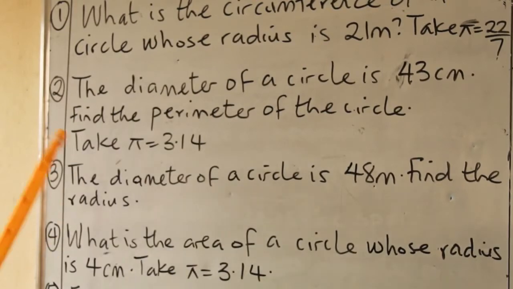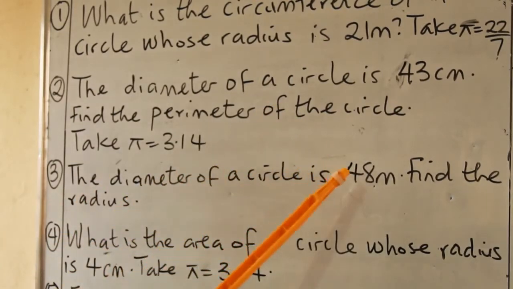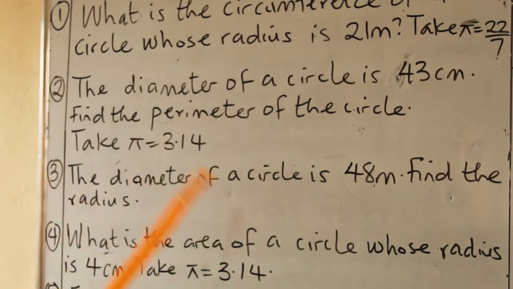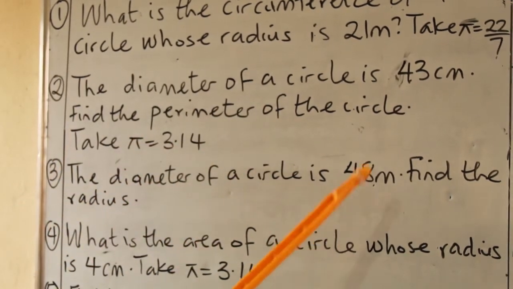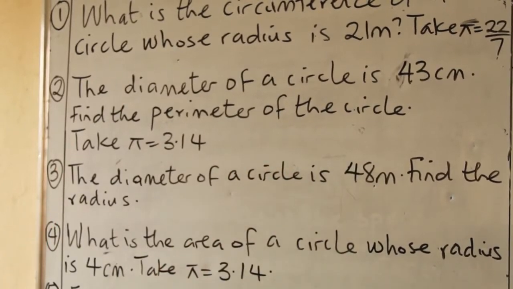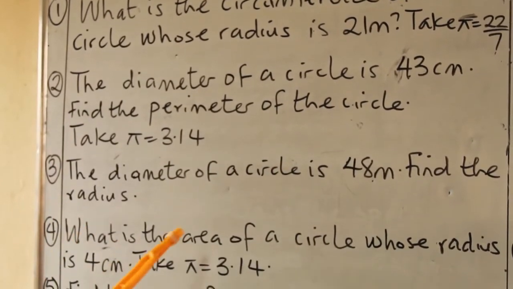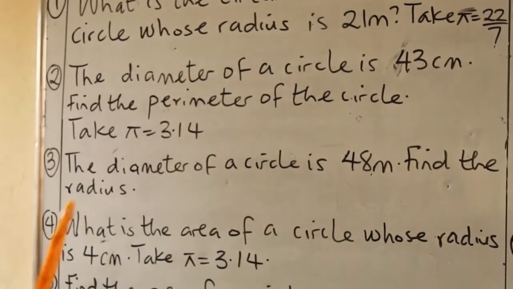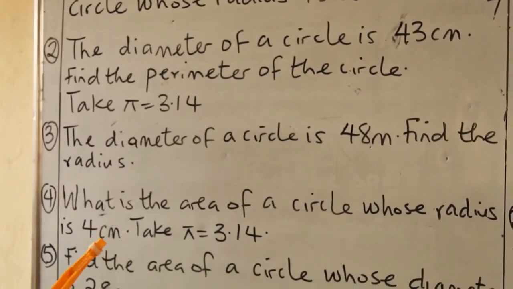Number 3, the diameter of a circle is 48. Find the radius. Number 4, what is the area of a circle whose radius is 4 centimeters?